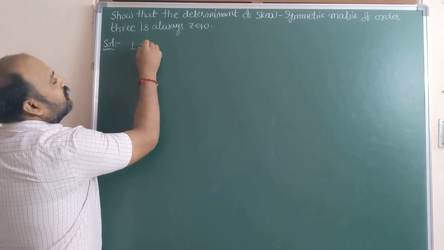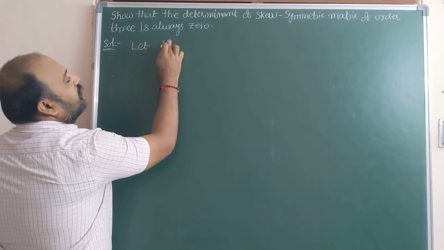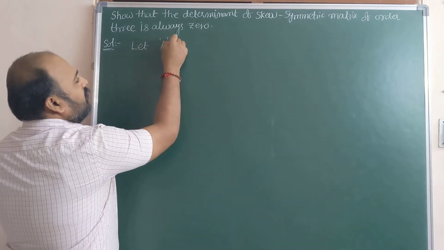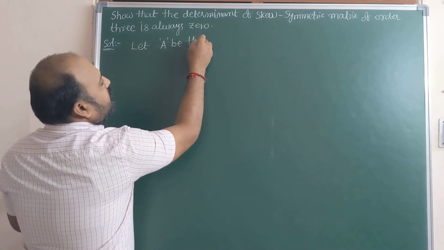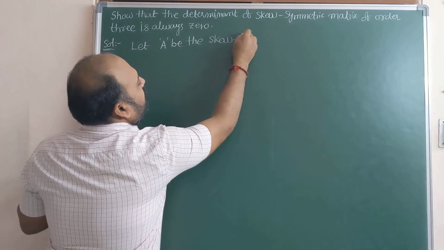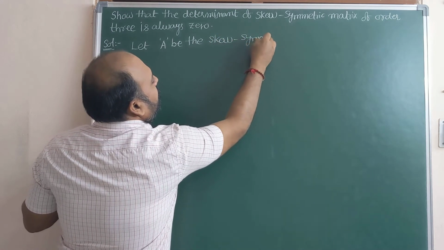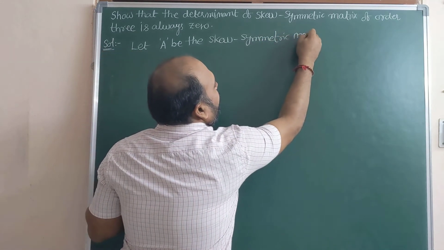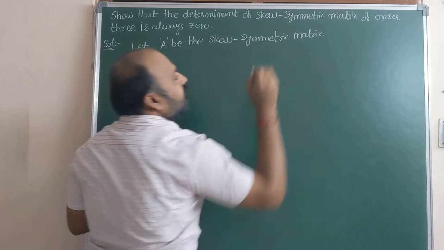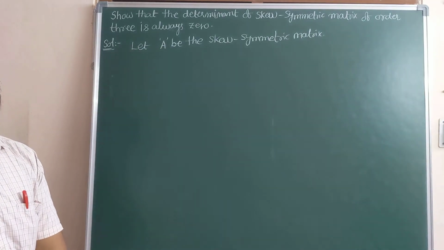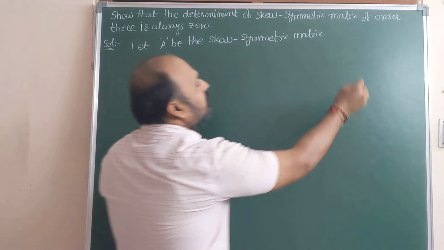Let A be the skew symmetric matrix. What is the meaning of skew symmetric matrix?